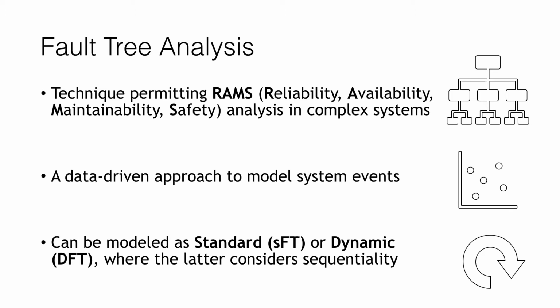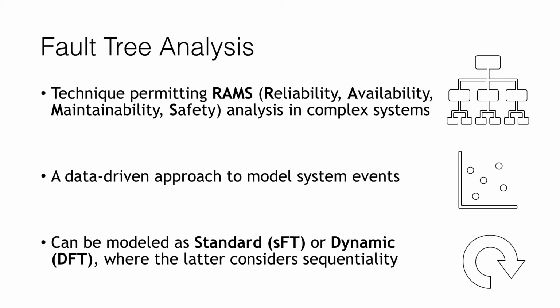And there are several ways of accomplishing this. And obviously, for a complex system, you may need to apply a more dynamic approach to your modeling methodology, which is this dynamic fault tree approach, which is what we're going to be using in this talk.